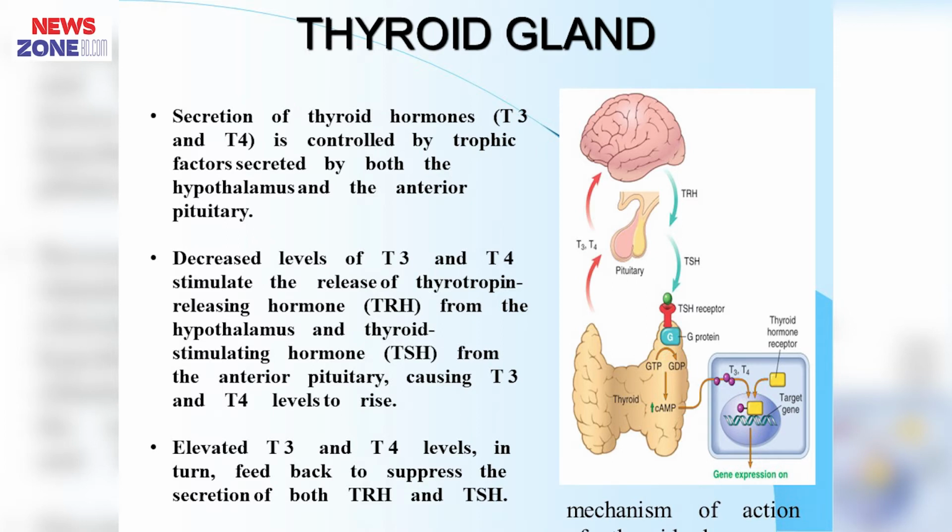When there is a decreased level of T3 and T4 in our body, there is release of thyrotropin releasing hormone from the hypothalamus, and it also stimulates thyroid stimulating hormone from the anterior pituitary, and ultimately the level of T3 and T4 increases in our body. Elevated T3 and T4 levels in turn feed back to suppress the secretion of both thyrotropin releasing hormone and thyroid stimulating hormone.